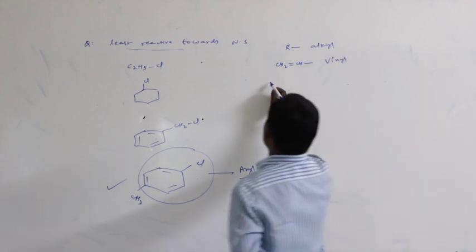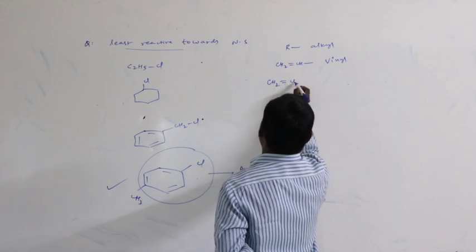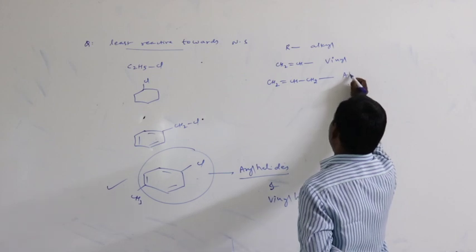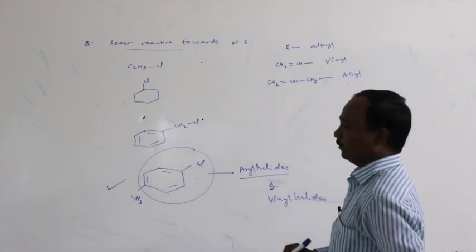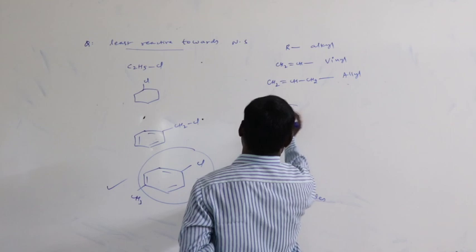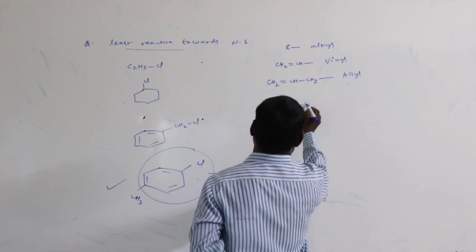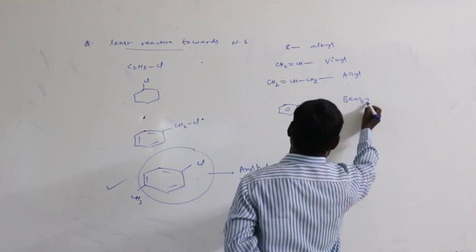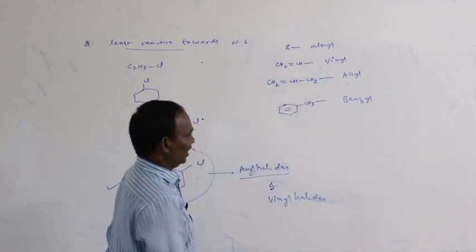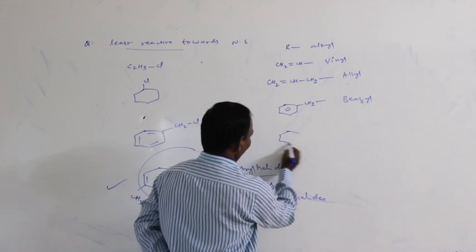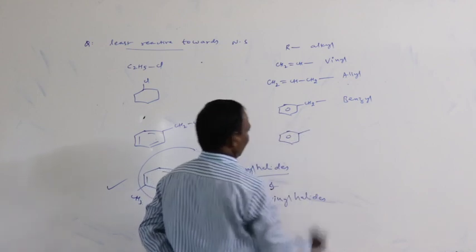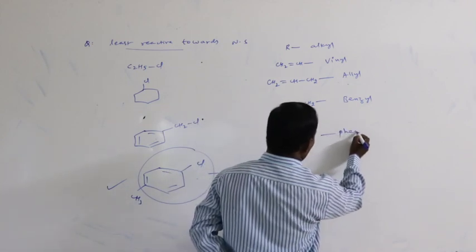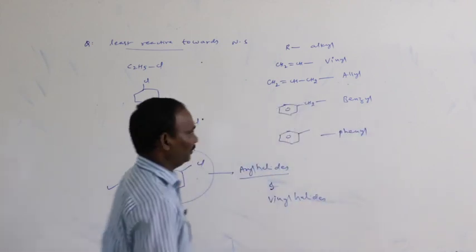If CH2=CH-CH2 group is present, it is called an allyl group. If benzene with CH2 group is present, this is called a benzyl group. If only C6H5 group is present, this is called a phenyl group.